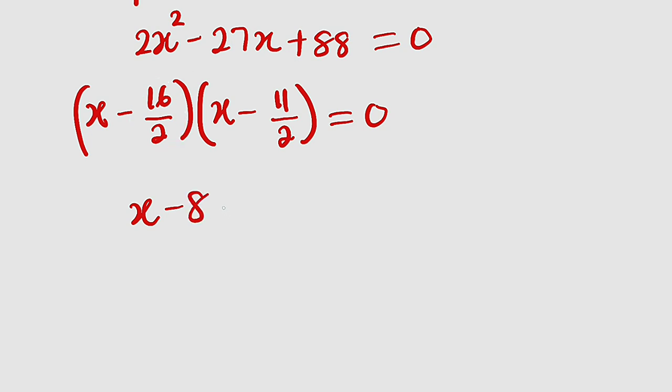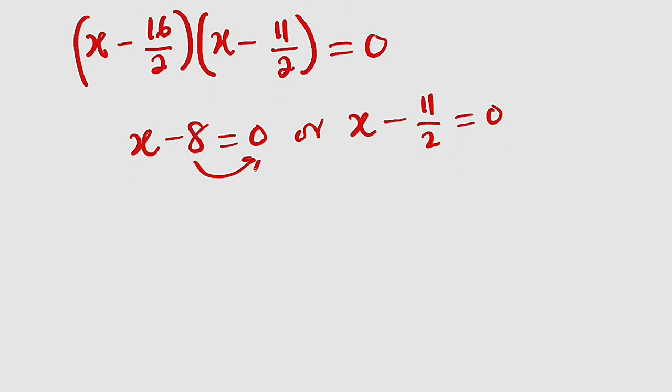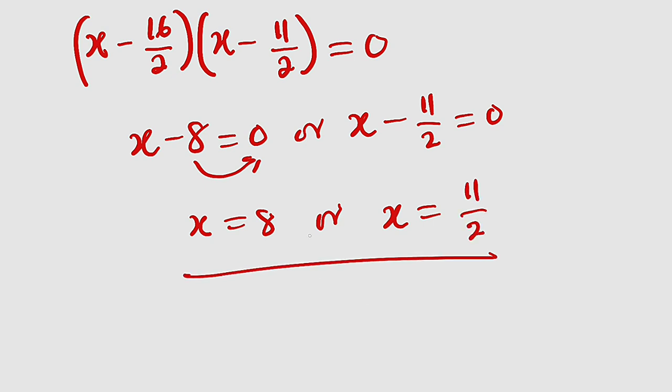That is x minus 8 equal to 0, or x minus 11 divided by 2 equals 0. If you take this one to the other side, it becomes positive, so x equals 8, or x equals positive 11 divided by 2, and hence this is said to be the solution to this problem.